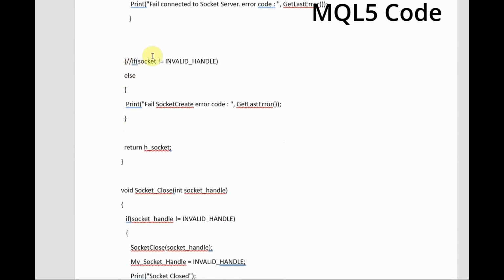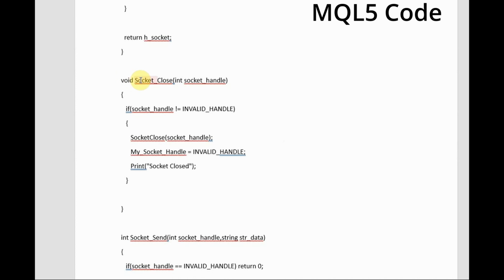And then further down, if the socket does not equal a wrong handle, then it will return h_socket. But if it is the invalid handle, it will then also create an error code. So it's checking the handle. And then finally, we're going to close the socket. So void socket close. We've got the integer here, which is the handle of the socket.